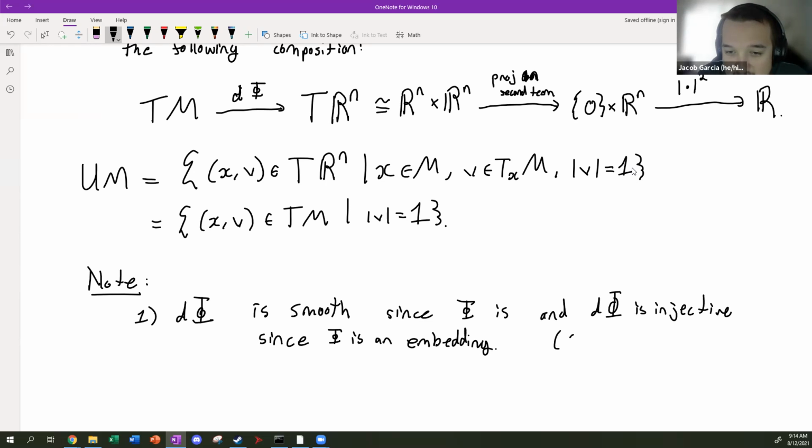And for this, you can see proposition 3.21 of Lee.